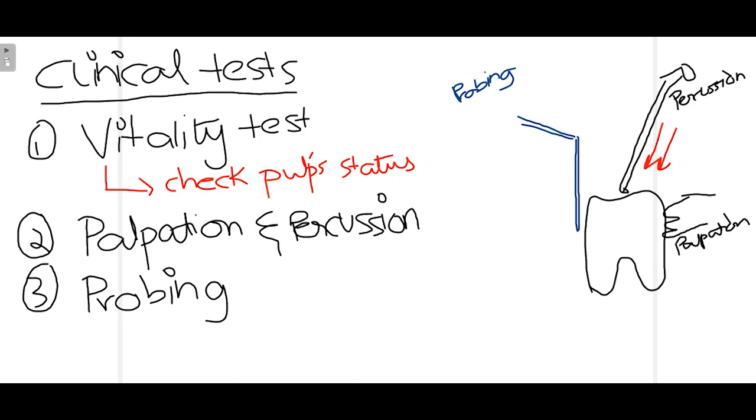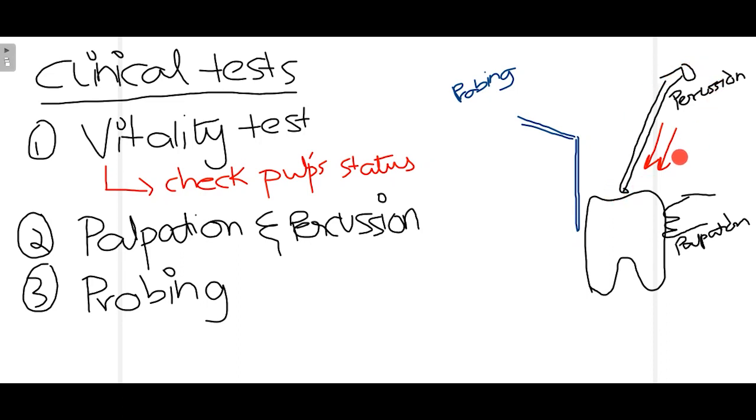Secondly, talking about palpation, when you use your fingers and press on a tooth, and the patient feels sensitivity, then it can be either gingivitis or periodontitis. And if palpation performed on the apex of a tooth with pulp necrosis is tender, it indicates the presence of a periapical lesion. Sometimes clinicians also perform percussion, which you can see over here.